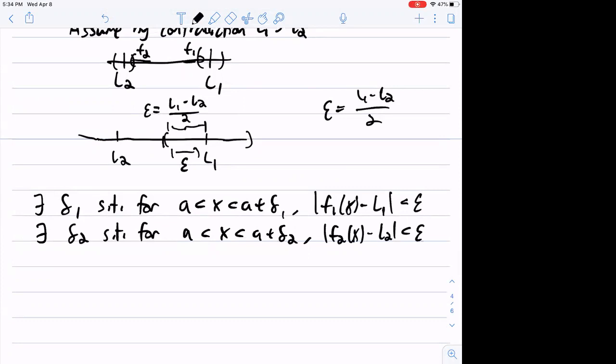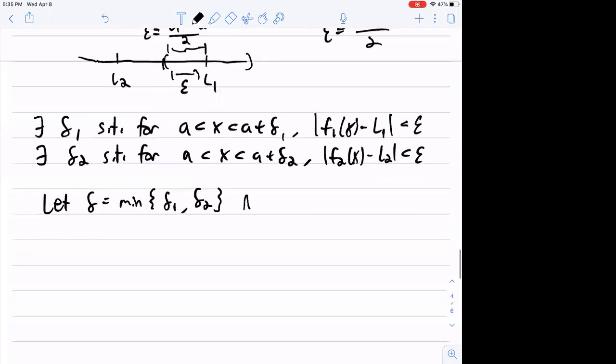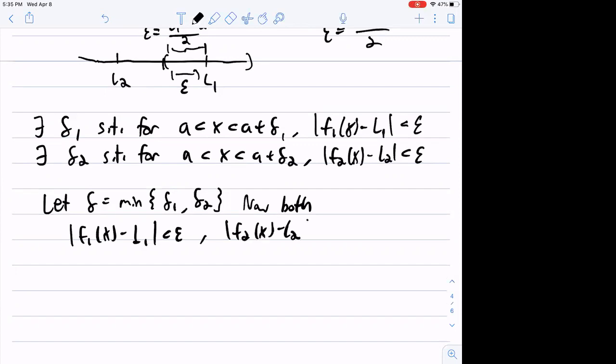Both hold provided x minus a is delta 1 close and delta 2 close. So how do we make both hold? Well, we let delta be the minimum of delta 1 and delta 2. Now both f1 of x minus L1 and f2 of x minus L2 bounds hold, right?